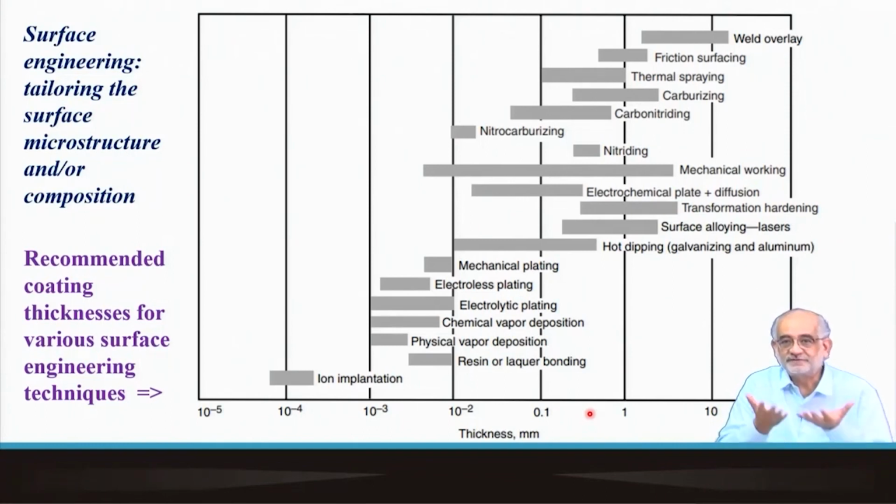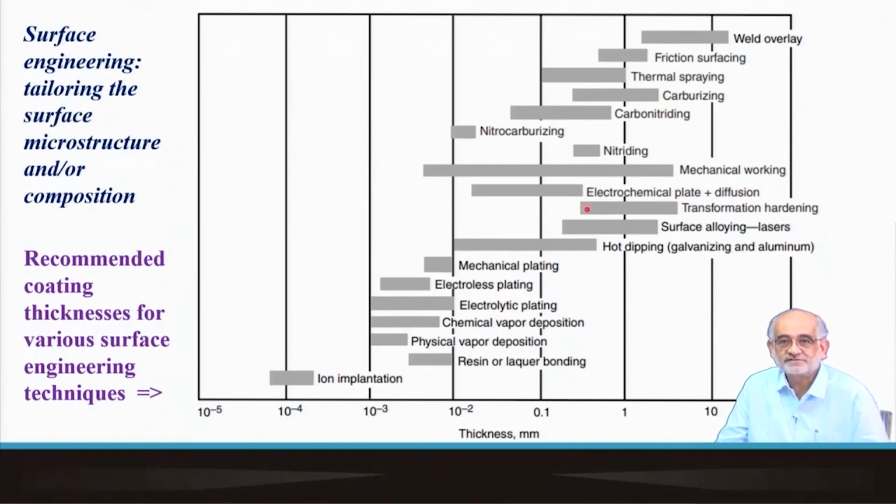So when you develop a 100 millimeter or 10 centimeter thick layer, then obviously you would have built a new component, a new solid altogether, by adding layer after layer. So essentially we are talking about the limit of 0.1 nanometer to all the way to 100 millimeter.